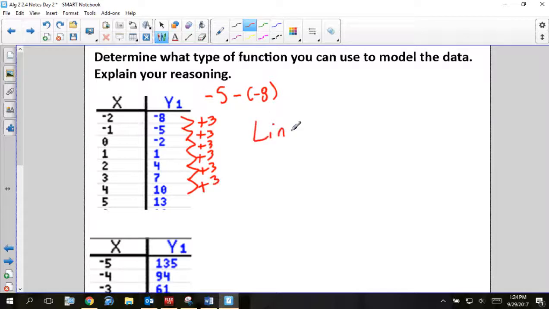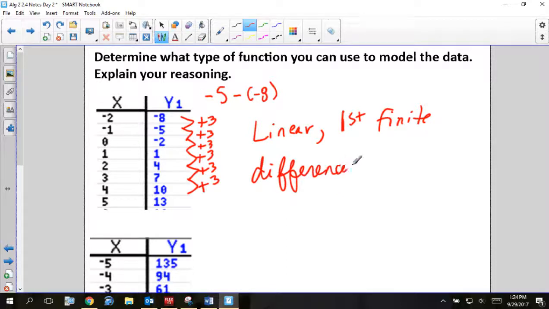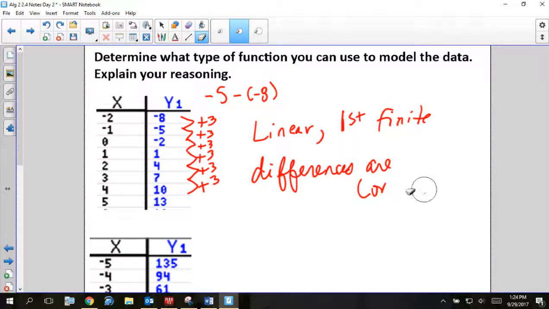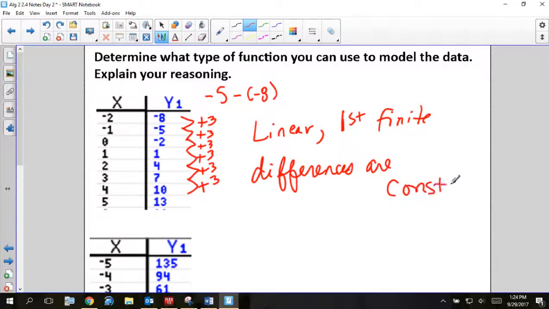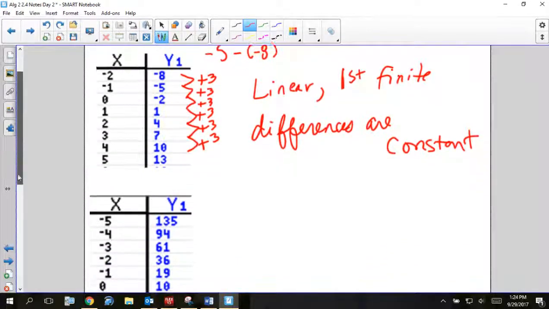The first difference is constant. So you guys are working on the second one.